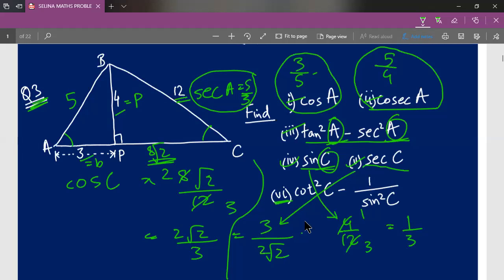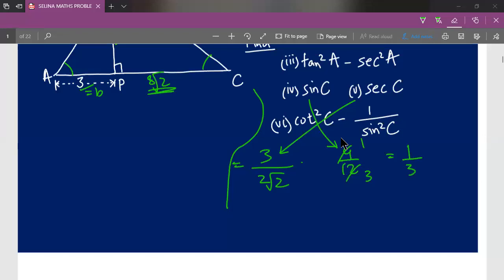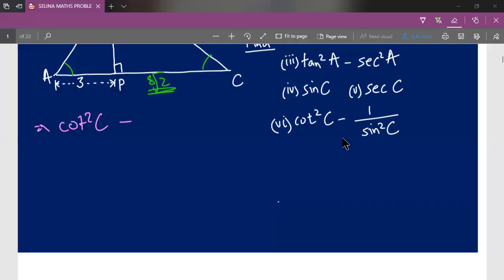I'll try to make some space. Our sixth question states cot square C minus 1 upon sin square C. We can further simplify it to cot square C minus 1 upon sine square C. Sine square C can also be written as cosecant square C, if you have memorized those formulas which I displayed earlier thoroughly, because they will help you in this chapter, trigonometric ratios, and in the whole branch of trigonometry.